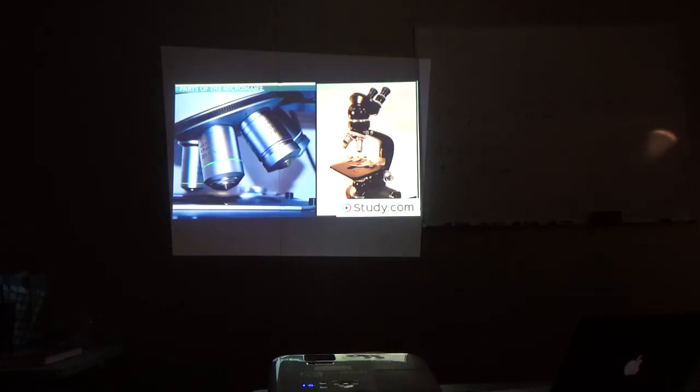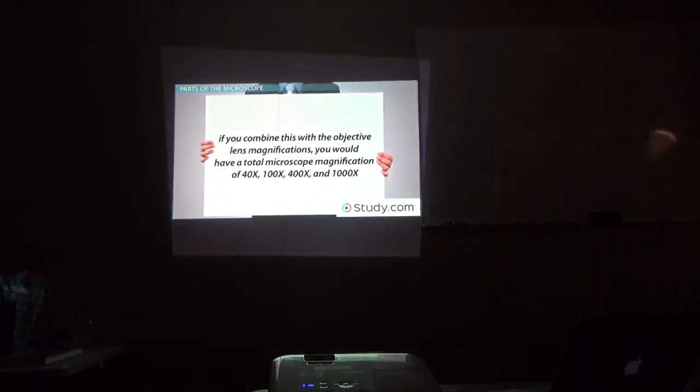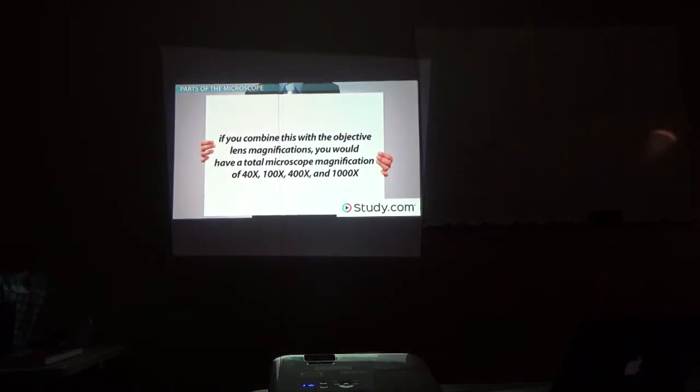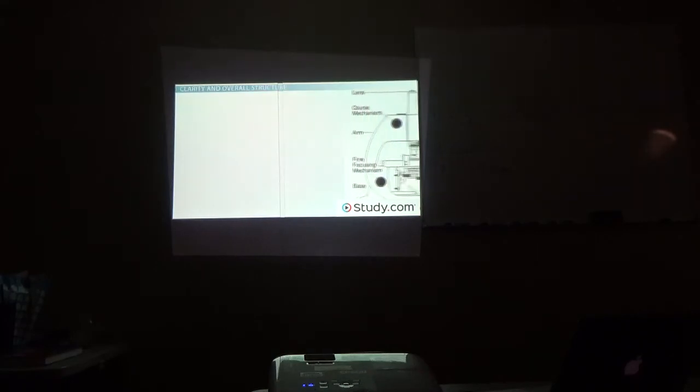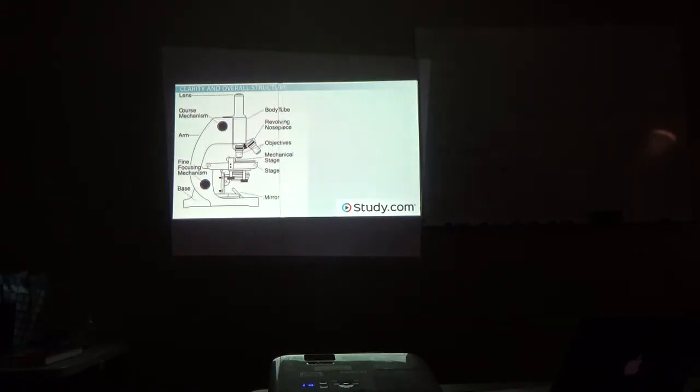Usually the eyepiece magnifies objects 10 times their size, so if you combine this with the objective lens magnification, you would have a total microscope magnification of 40 times, 100 times, 400 times, and 1,000 times.